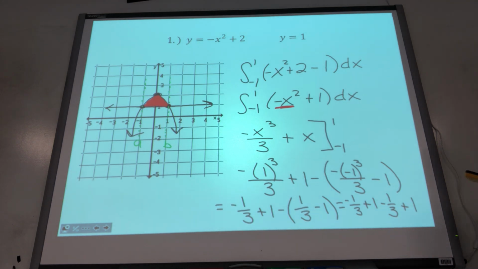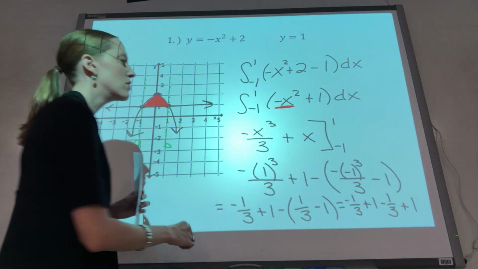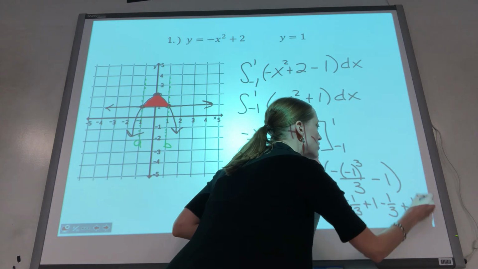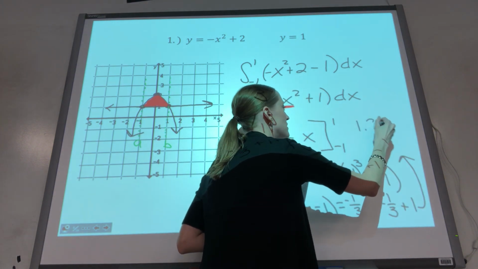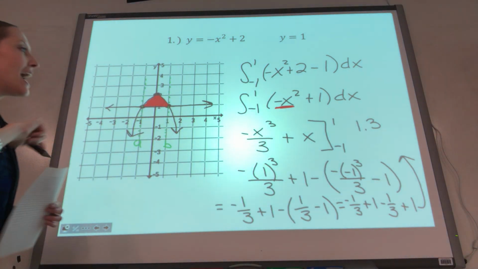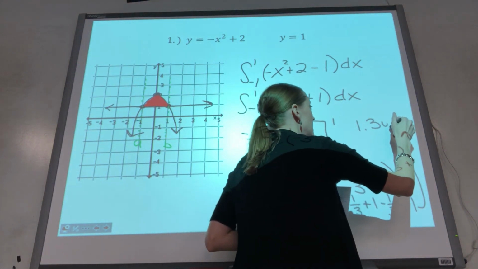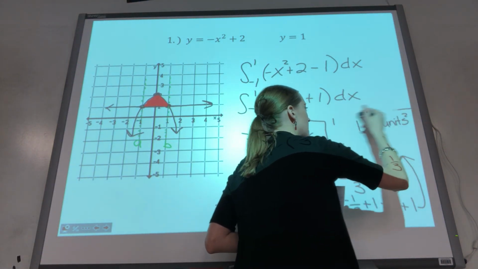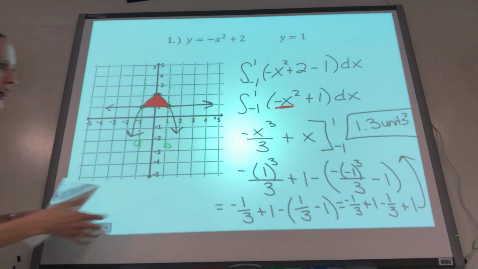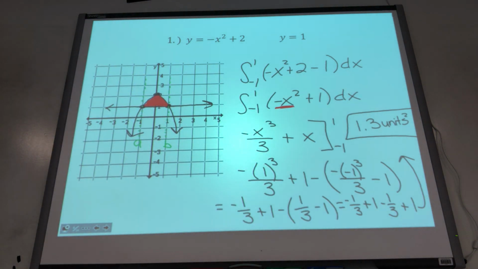Negative 1/3 plus 1 minus 1/3 plus 1. It gives me back like a 1.3 repeating. So I'll just make it 1.3, and then it is area, so I'll stick units squared as my label. If you kept it all as a fraction, it would be 4/3 units squared.